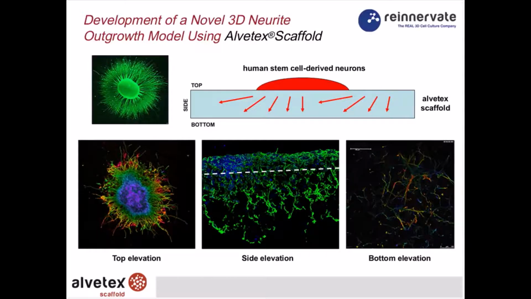From the side, you can see up here at the edge of the scaffold, these are primarily where the neuropericardia are located, and these are neurites going into the scaffold. And the bottom elevation, so this is looking underneath here, these are neurites which have journeyed all the way through the 200 microns of porous polystyrene scaffold. And we can count how many of these are present and measure their lengths.